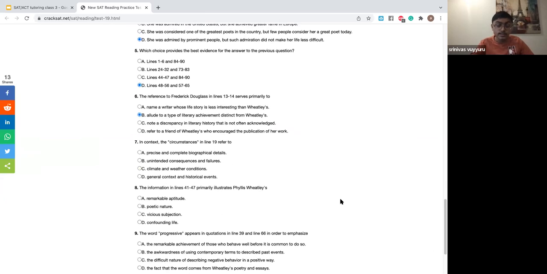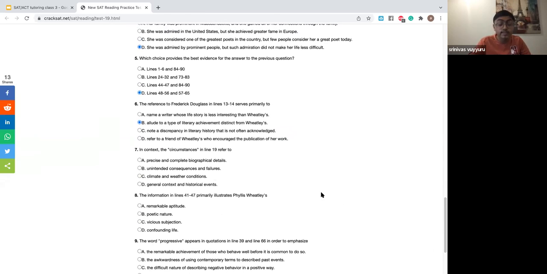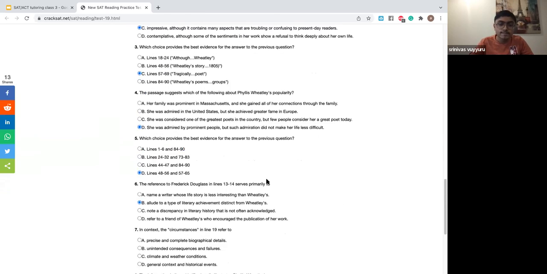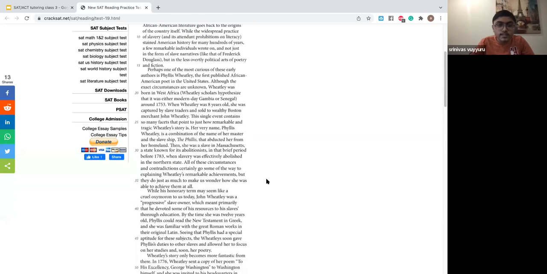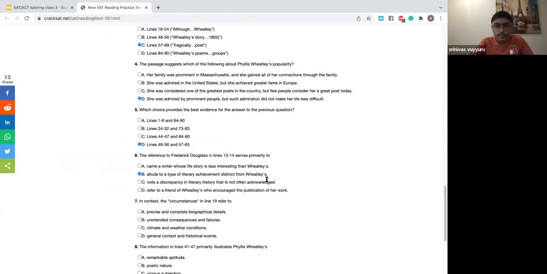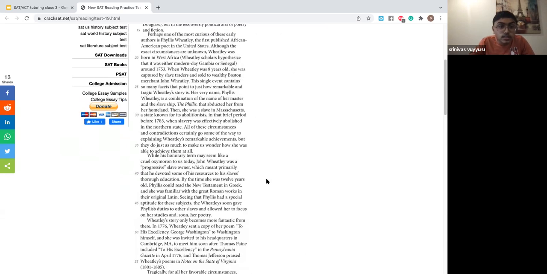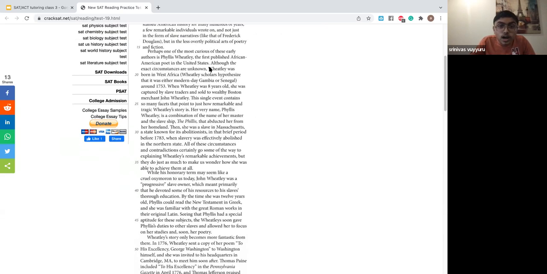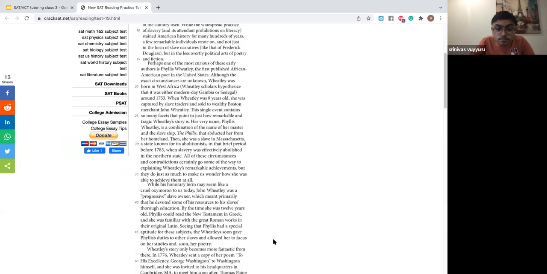All right. In context, the circumstances in line 19 refer to... 19 is, one sec. Yeah, 19 is, so what we can infer from this is, this is talking about the exact details of where she was born, how she was born is not known.